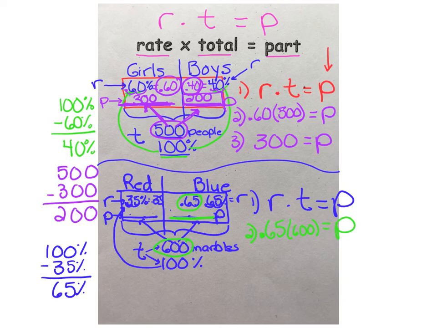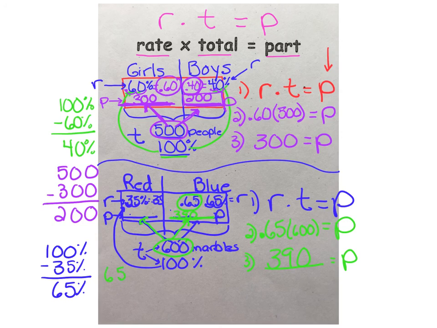Take a moment and punch that into your calculator. Figure out how many blue marbles live in the jar. You should have gotten 390 marbles. Remember, that's out of 600. So how many marbles are left over for this part?